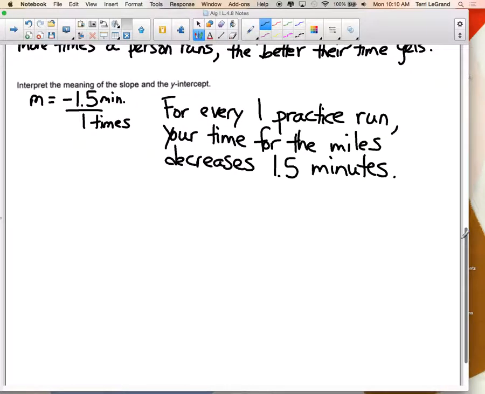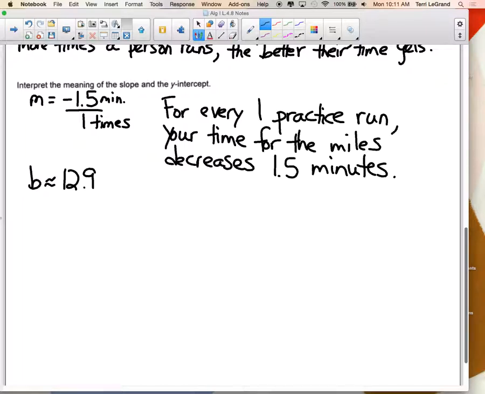Okay, y-intercept. What's our y-intercept? 12.90. Okay, so B is approximately 12 9/10 then. Okay, so what's that telling us? It's going through the y-axis, so the initial time that takes to run a mile is 12 minutes.